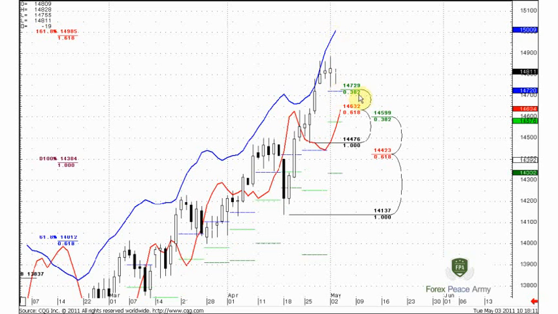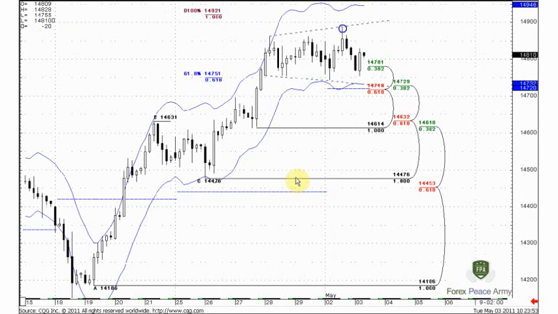Okay, so how can we answer this question? Will it move to the upside or to the downside? Of course, we should drop our time frame and look at the intraday charts. Okay, this is the 4-hour chart.